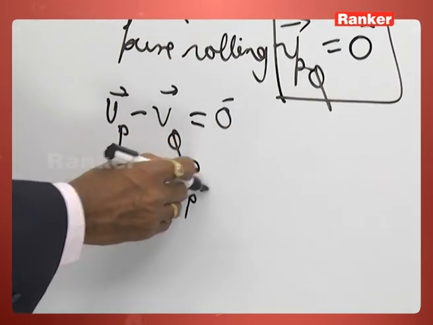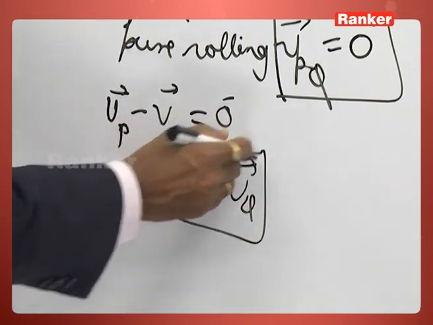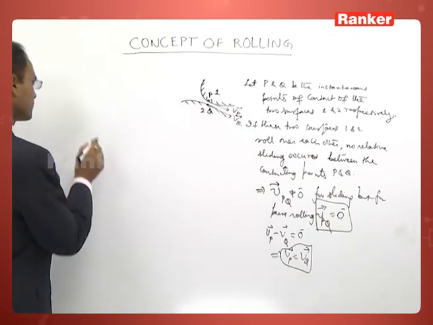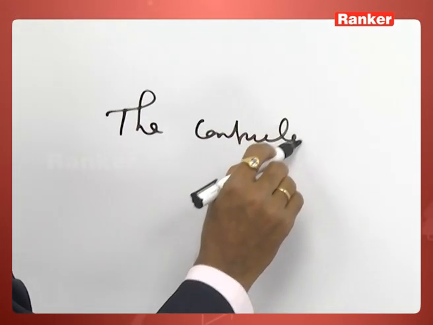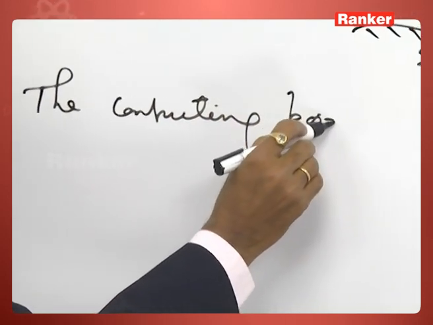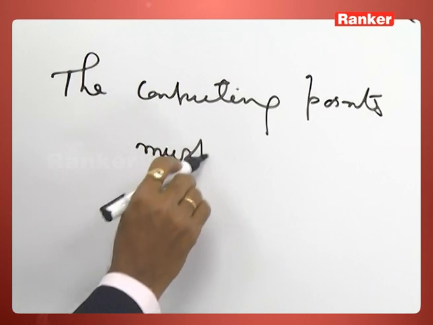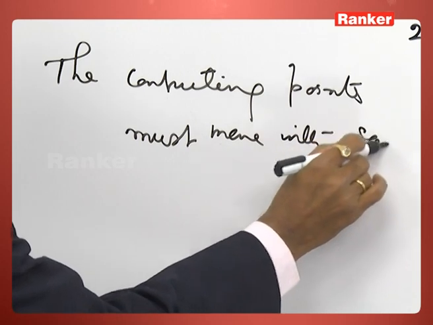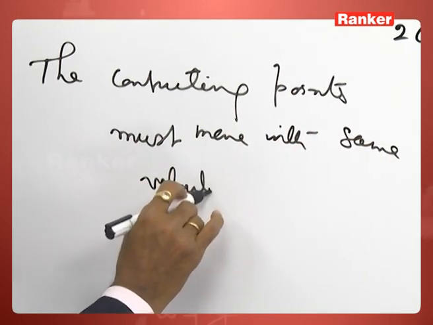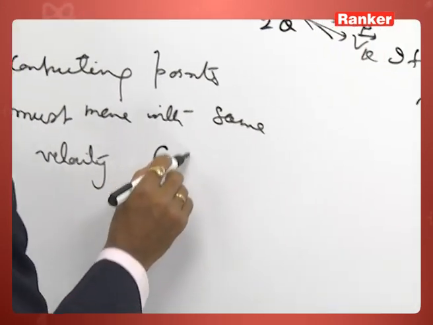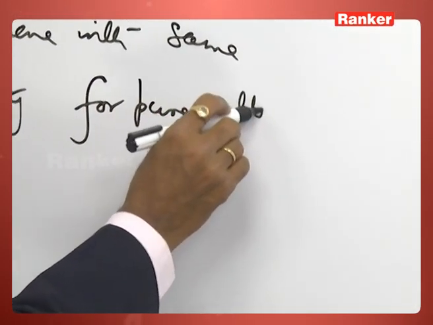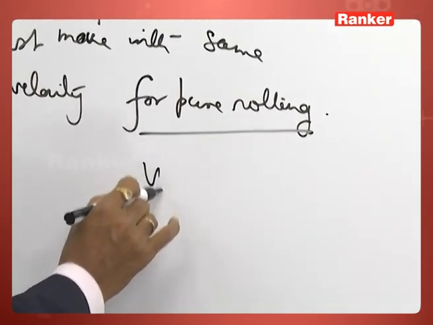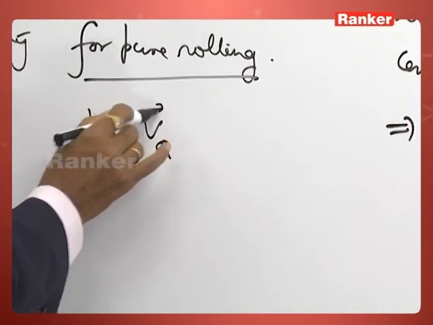This means that the contacting points must move with the same velocity for pure rolling. Vp is equal to Vq.